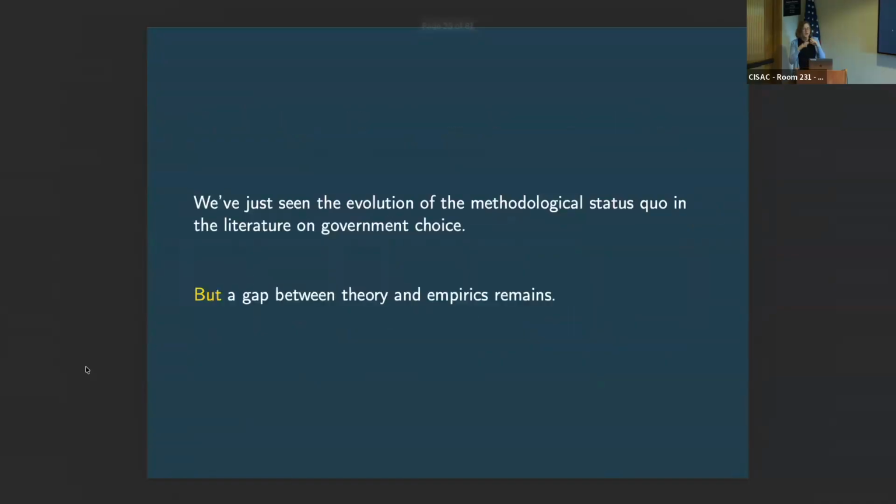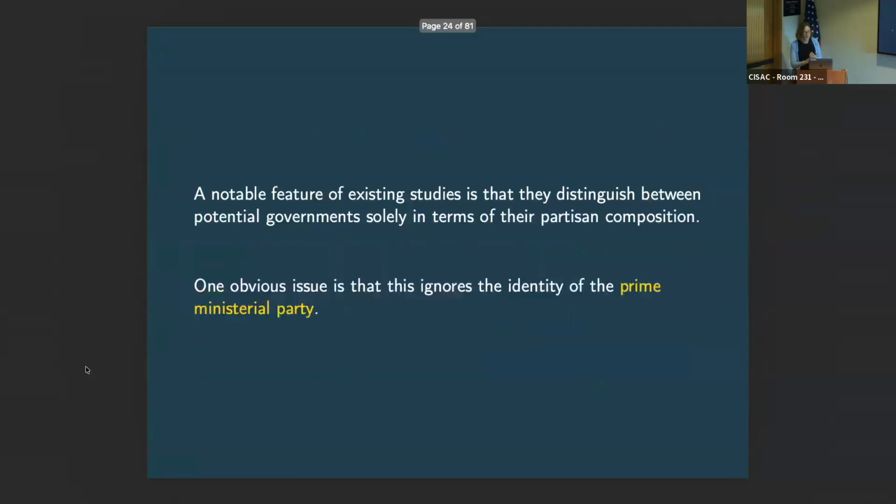Okay. So there's still this gap between theory and empirics. All of the existing studies distinguish between the potential governments based solely on which parties are in that potential government. So it's just about the partisan composition. This ignores the identity of the prime ministerial party.